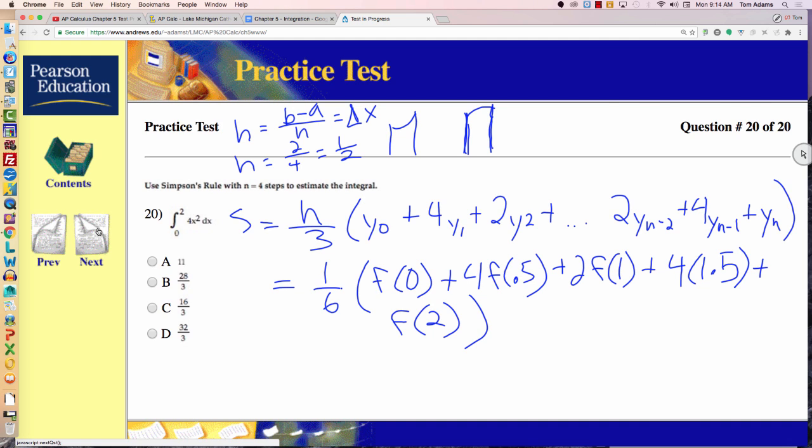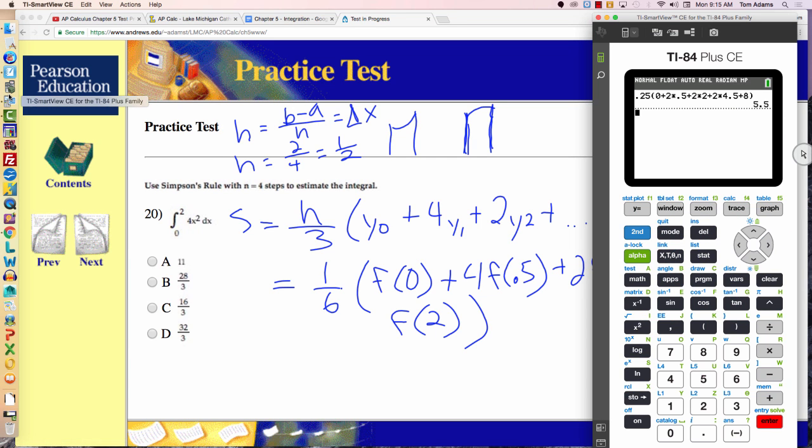And so evaluated at 4x squared. So to do this real quick on the calculator, I'm going to change that 2 to a 4 because we're evaluating 4x squared. Look at my table of values.